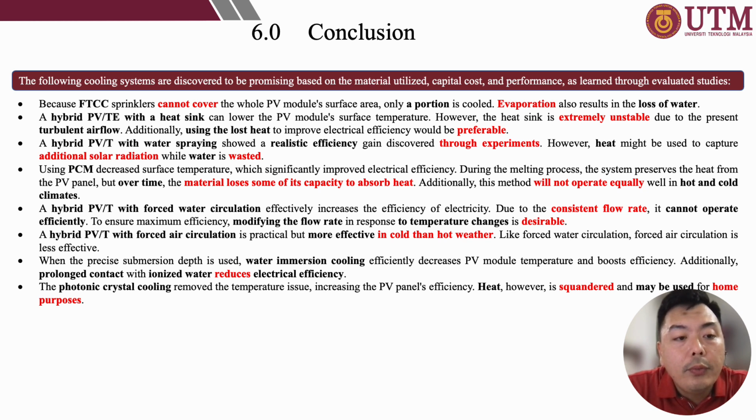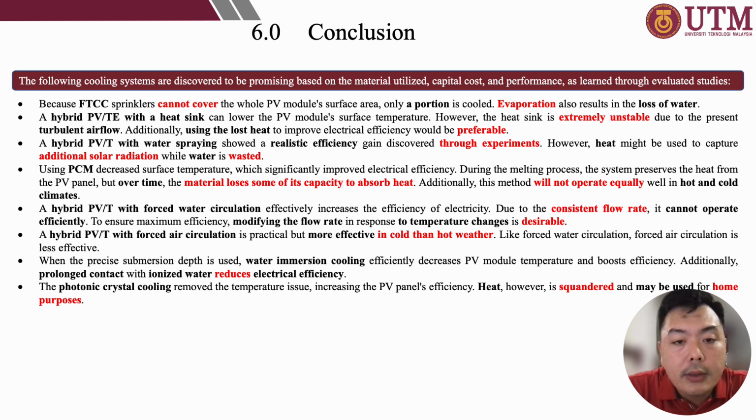A hybrid photovoltaic thermal with water spraying showed a realistic efficiency gain discovered through experiment. However, heat might be used to capture additional solar radiation while water is wasted. Using PCM decreased the surface temperature, which significantly improved electrical efficiency.